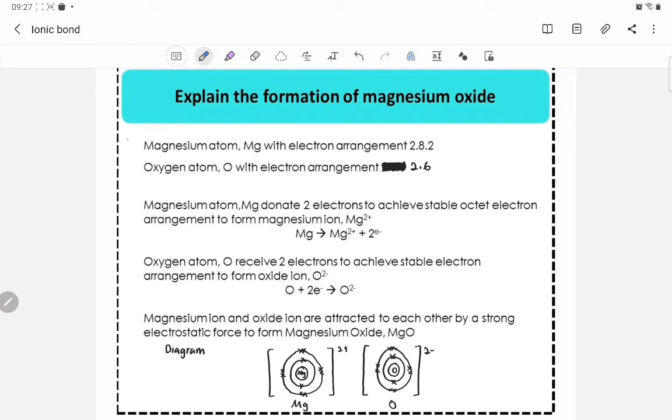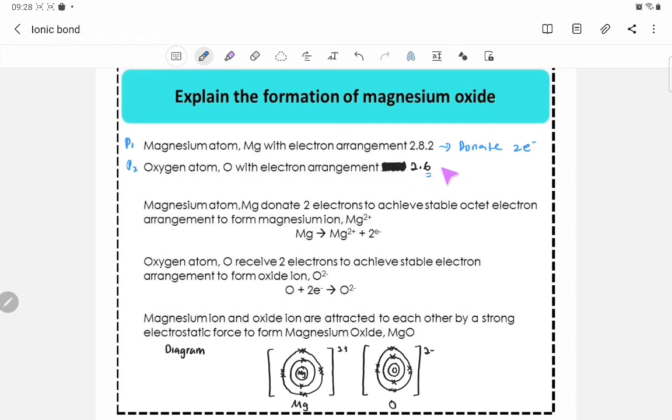So at the first point and the second point, we will talk about the electron arrangement for magnesium and also oxygen atom. So for magnesium atom, with the electron arrangement 2.8.2, it means it will donate 2 electrons. And then at point 2, oxygen atom with the electron arrangement 2.6, it means it will receive 2 electrons. Okay.